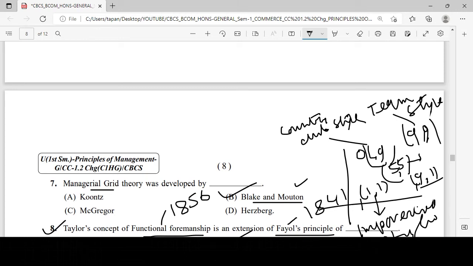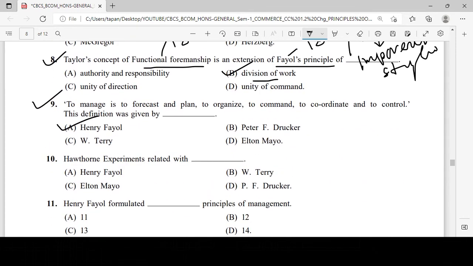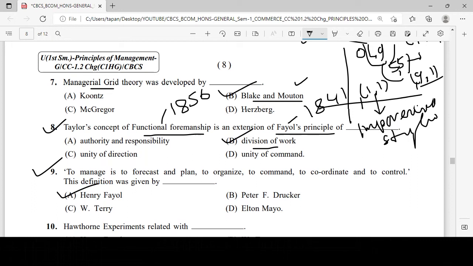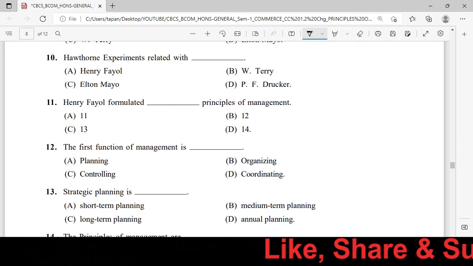This definition was given by Henri Fayol, who was born on July 29, 1841. He made 14 principles, and this is the definition of management, and you have to remember it.